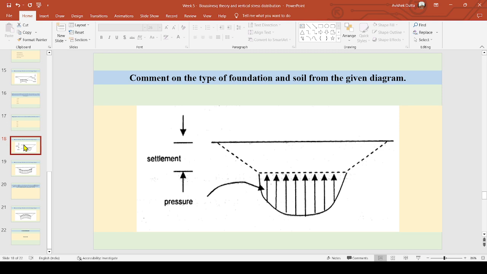Similar question like the previous one. Here also we have been given the settlement and the pressure diagram. What is the kind of settlement and pressure expected? What is the kind of foundation and soil which we can guess, given that they both have this kind of pressure distribution? As we can see in the previous one and also in this one, the pressure distribution is non-uniform. So what is the type of foundation and soil that can be guessed from the given diagram?